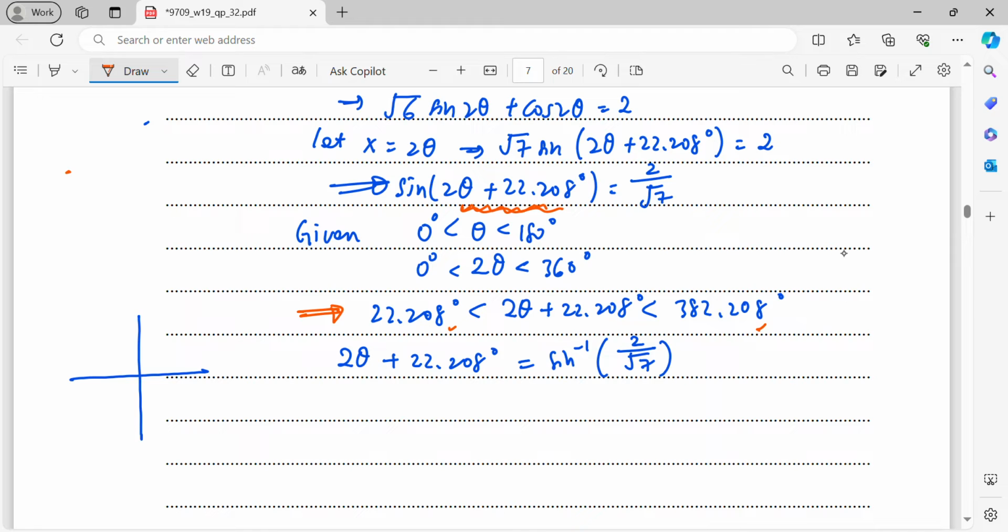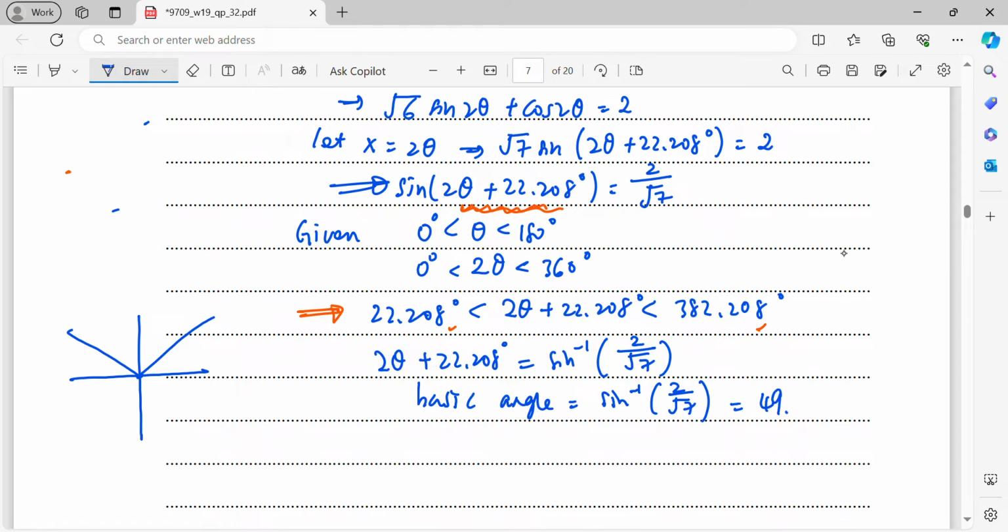Now, when your sine is positive, that means the angle will be in the first two quadrants. Alright, so now the basic angle. Okay, I rewrite this first. 2 theta plus 22.208 degrees. So the basic angle equals to inverse sine 2 over square root 7. This is going to be 49.107 degrees. So I will label over here.